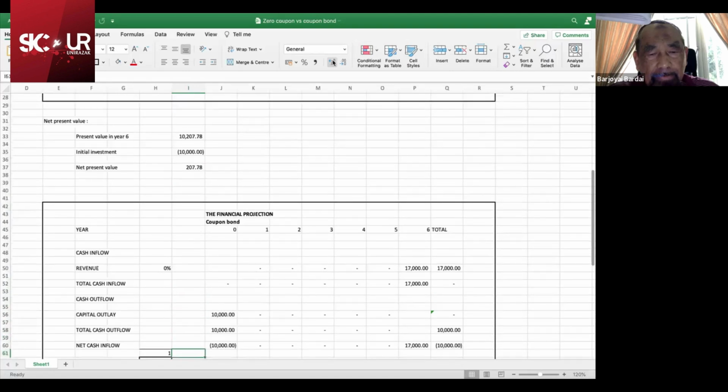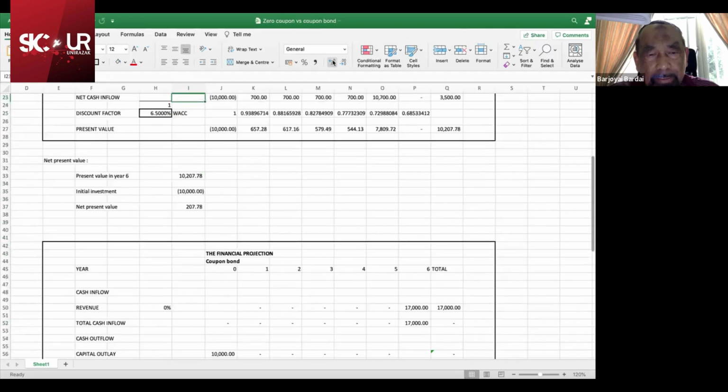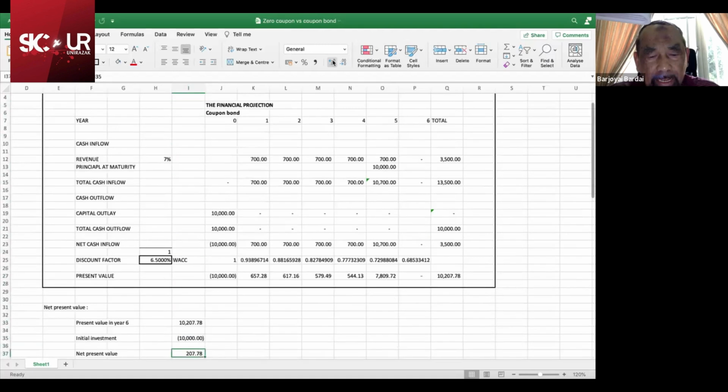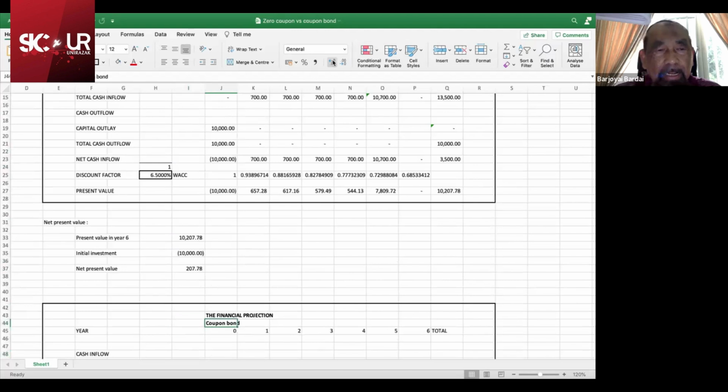But in the case of, sorry, this is the coupon bond, and this one is the non-coupon bond, or what was the term that we use? Zero coupon, yes. Zero coupon bond.